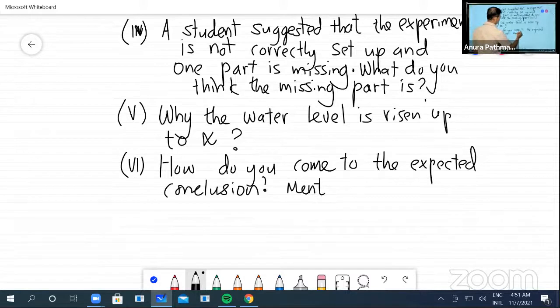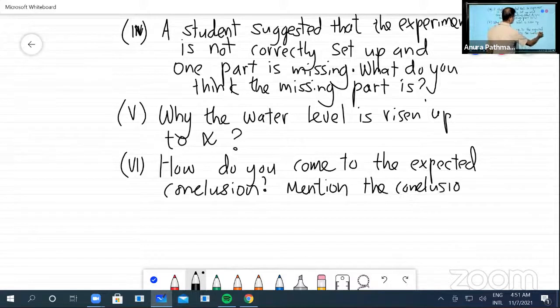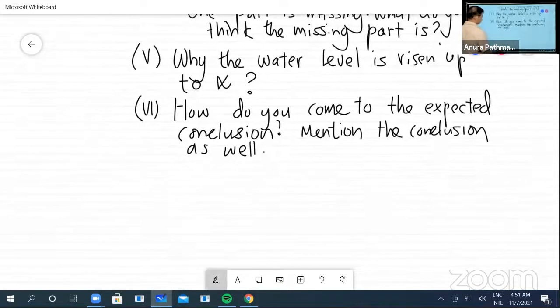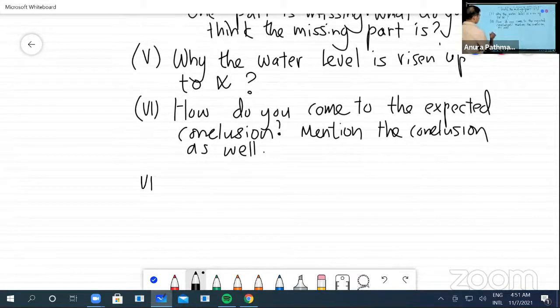Mention the conclusion as well. Question 7.